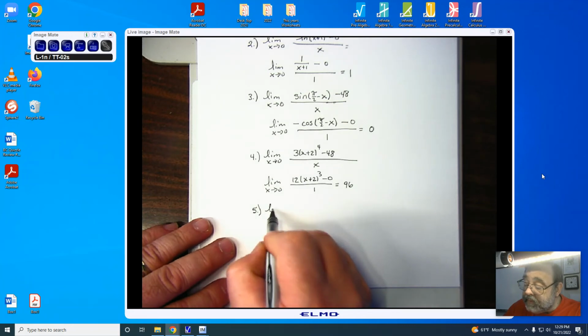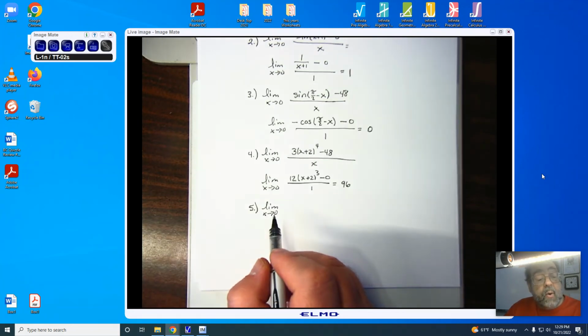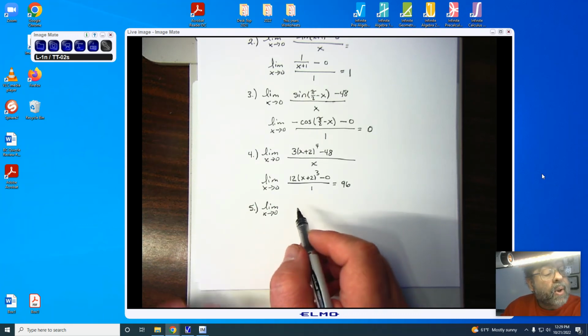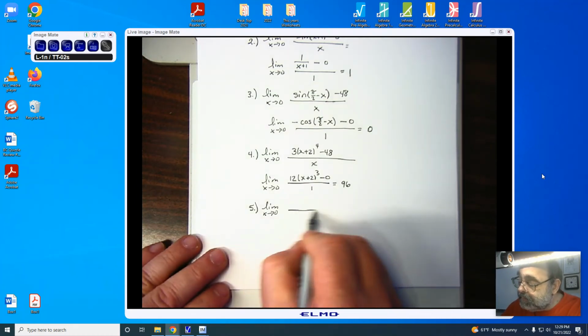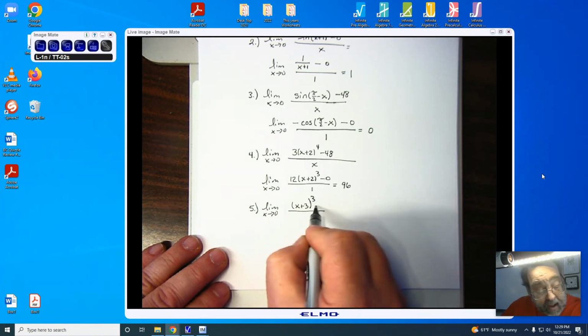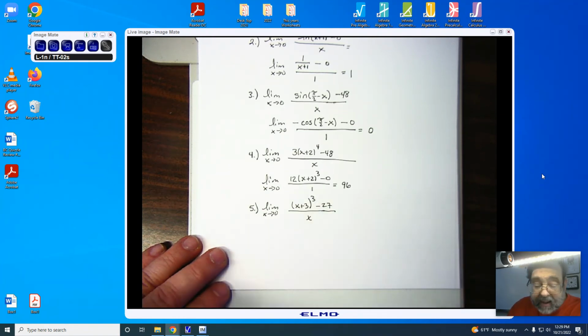So we'll have the limit as x approaches 0, we are going to be working with the function (x plus 3) to the third power, we have minus 27, and we're dividing by x.